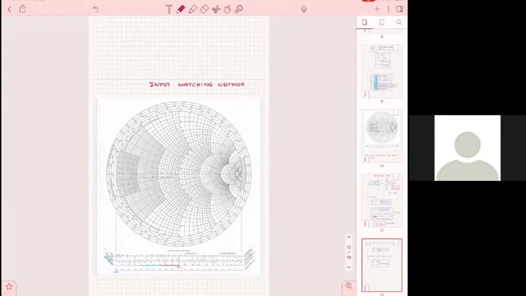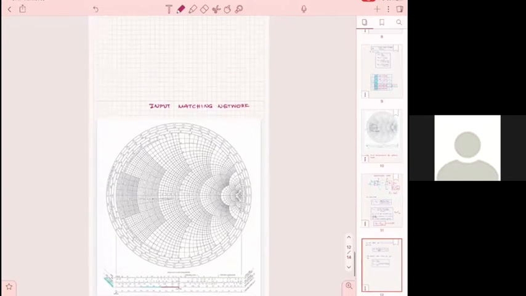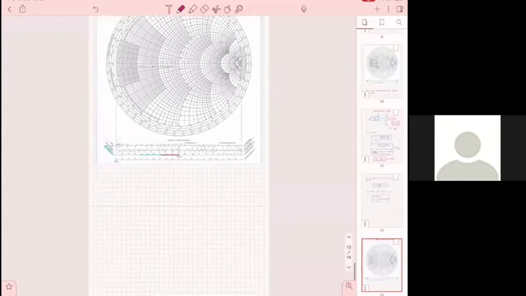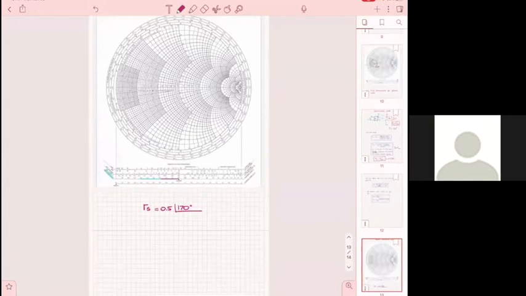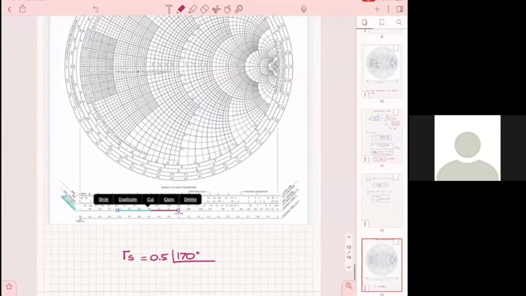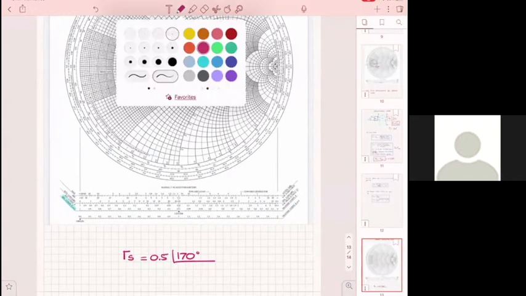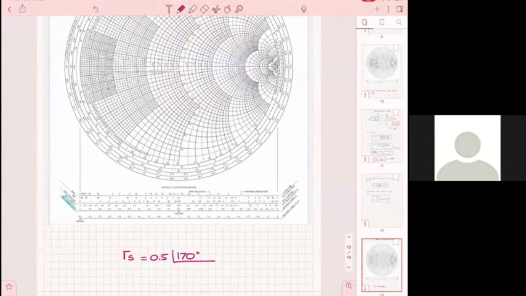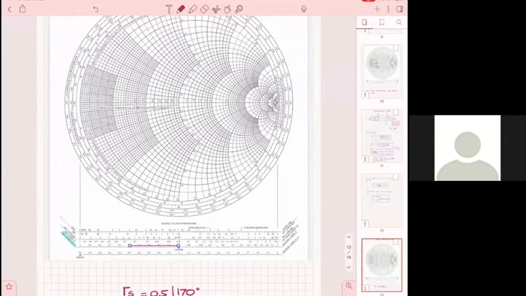Now, what do we know? That we have to make gamma S to be 0.5170. That's gamma S. That's one point. How do we find this point? We go here and measure 0.5 on the reflection coefficient scale. Then we want to find this point.